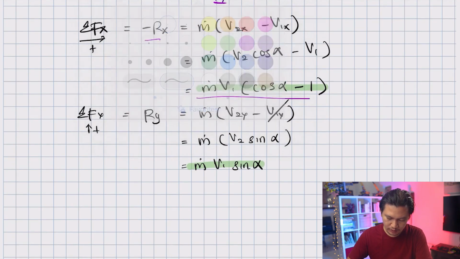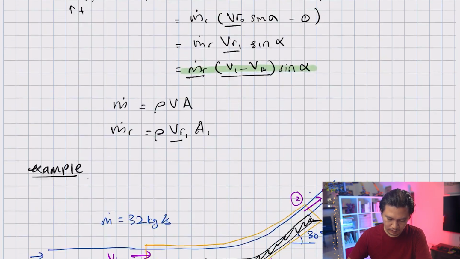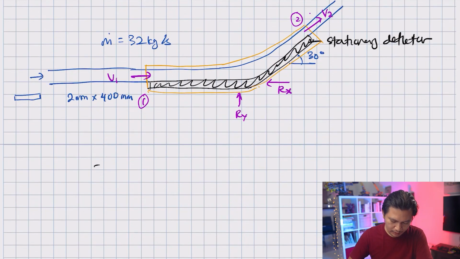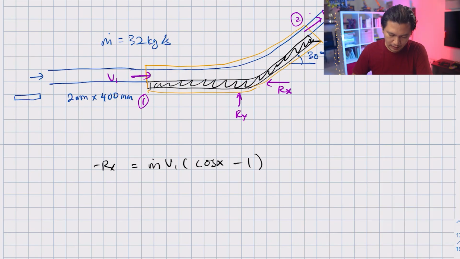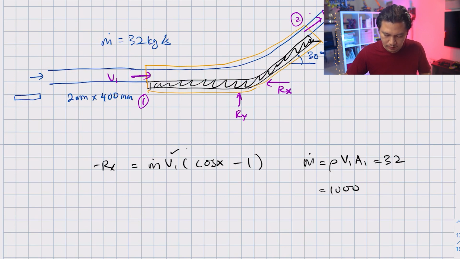Now let's copy this equation. This is minus Rx equal to m dot V1 (cos alpha minus 1). I believe only one component is missing here, which is our V1. So m dot equals rho times V1 times A1, equal to 32, and rho is 1000.